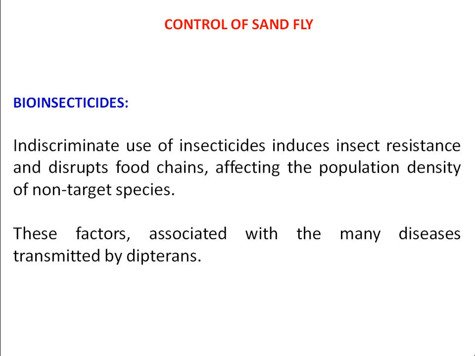The insects become resistant to that particular insecticide, and sometimes it affects the food chain in the environment and the population density. These factors are associated with the many diseases transmitted by the dipterans, that is the flies, which come under the order Diptera.